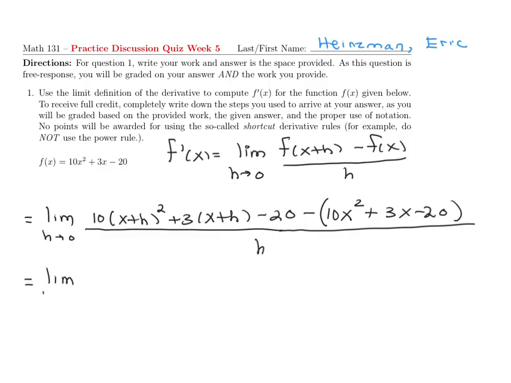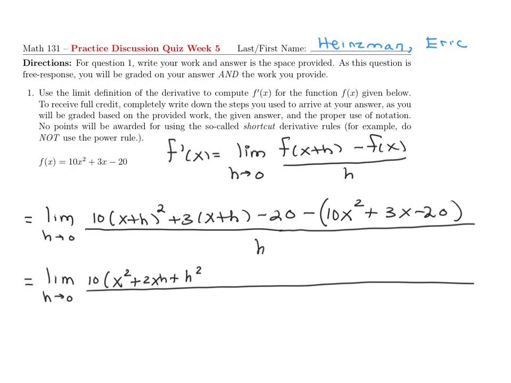This is the limit as h goes to 0 of, it's going to be a gigantic fraction, but we have 10 times x plus h squared. You square the first term, you square the last term, and you get 2 copies of the middle terms when multiplied together. So that's x squared plus 2xh plus h squared.